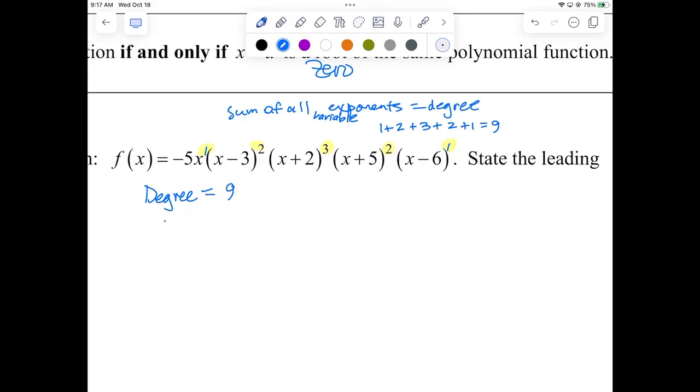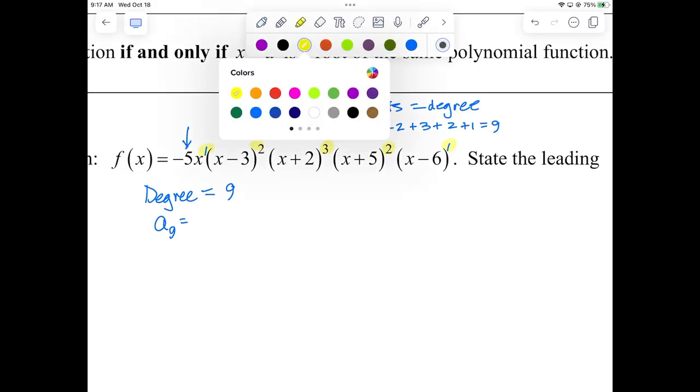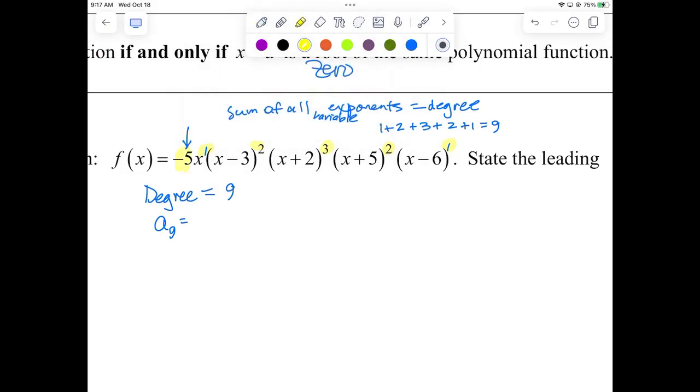What is the leading coefficient then? What's a sub 9? If you would expand all this out, what number would be in front of the x to the 9th term? It's the number that's actually out in front. It's negative 5. So what does that tell us about the right end behavior? What's the limit as x goes to infinity of f of x? Remember we said this yesterday.